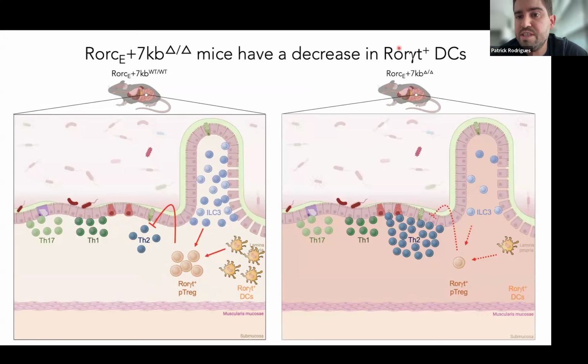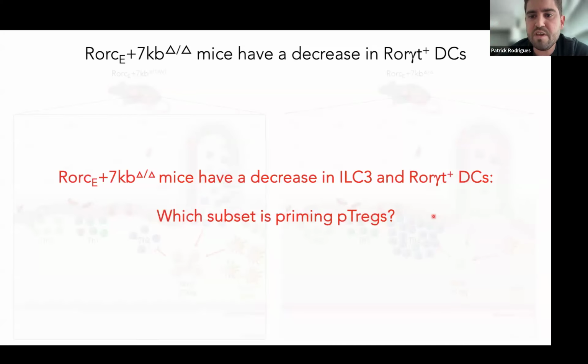However, in our RORγt plus 7kb enhancer knockout, you have a reduction of the ILC3s as well as of the RORγt DCs, which goes along with a reduction of the pTreg compartment. The reduced pTreg compartment will induce a lower suppressive immune response, which leads to an expansion of the Th2 compartment. But the next question is: which subset is specifically priming the pTregs, right?